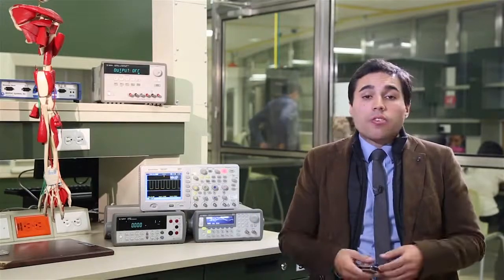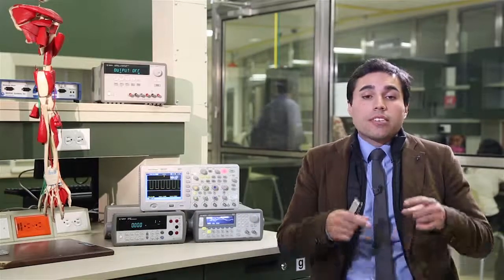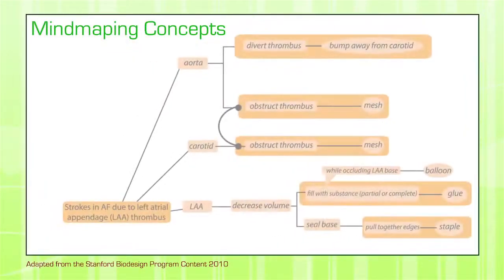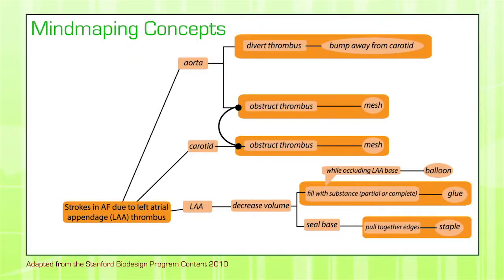So in this example, for instance, you have a problem and every single different solution concept is going to attack the problem from different anatomical places, let's say the aorta or the atrium, or through a chemical based mechanism or a mechanical mechanism.